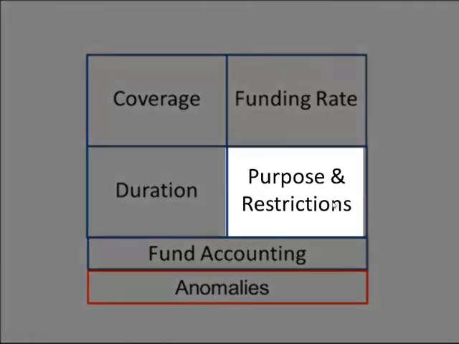Building block number 4, purpose and restrictions. The purpose and restrictions building block establishes the rules we have to follow in spending the funds appropriated by the CR. It's made up of 6 basic sections, separated into 2 major groups, old and new.